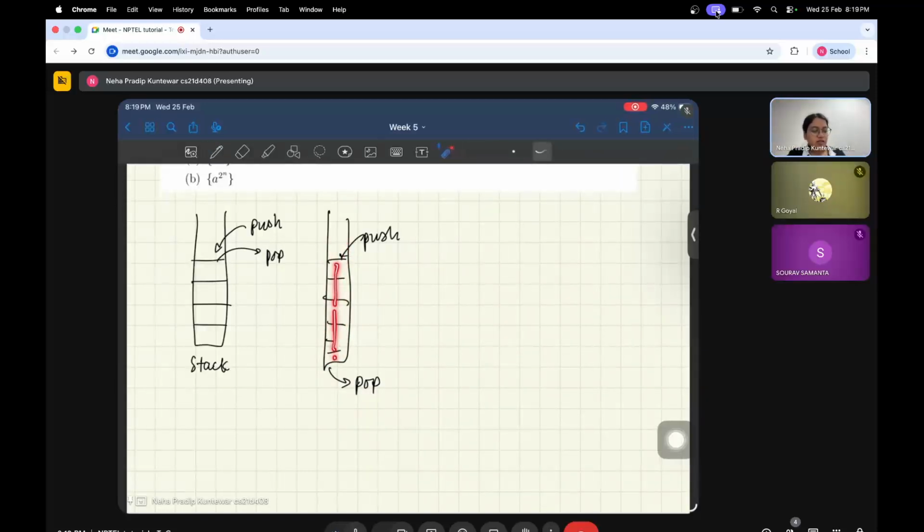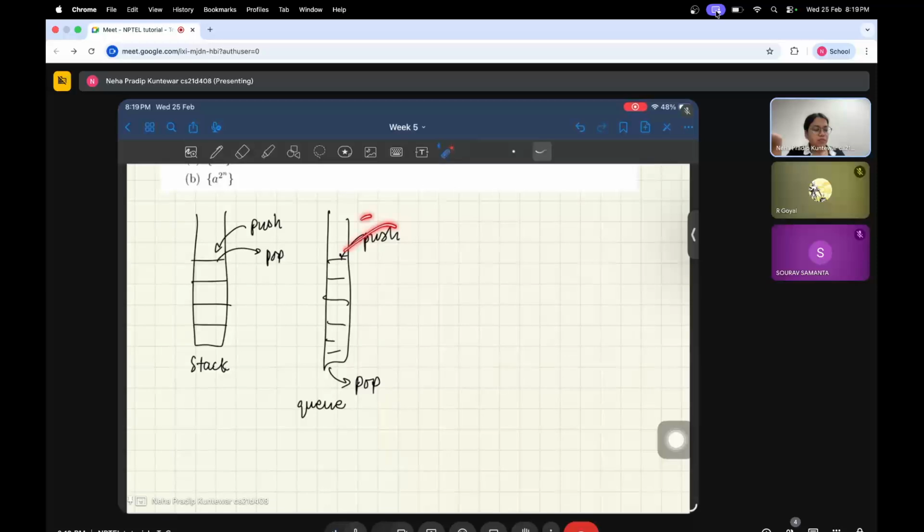People line up here and new people keep coming here, and this is the order in which people start leaving. So now you think of the same model that we had earlier, but instead of doing operations in a stack, you'll do operations in a queue.